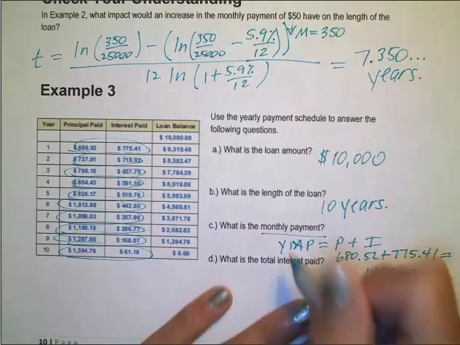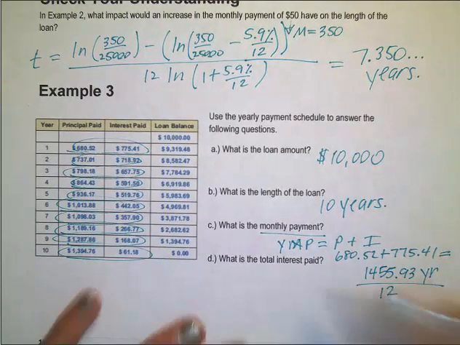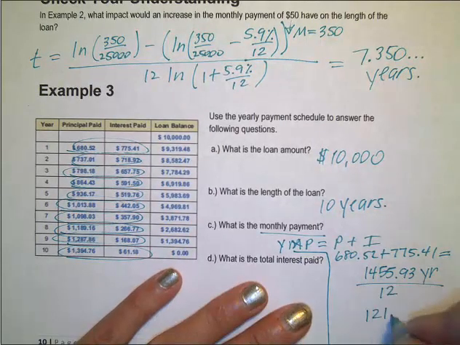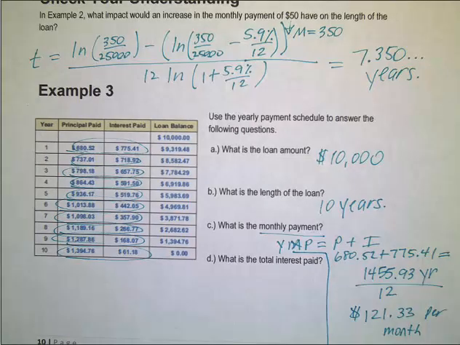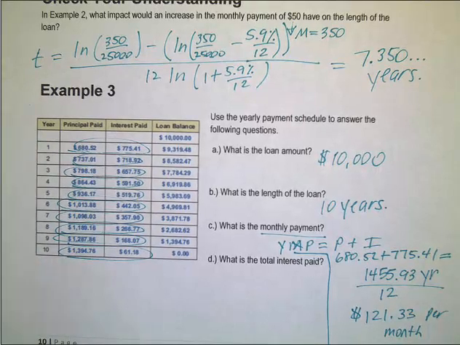So to find out what the monthly payment is, we're going to divide it by 12. So we get $121.33 a month. Okay? All right, because this table gave us per year.